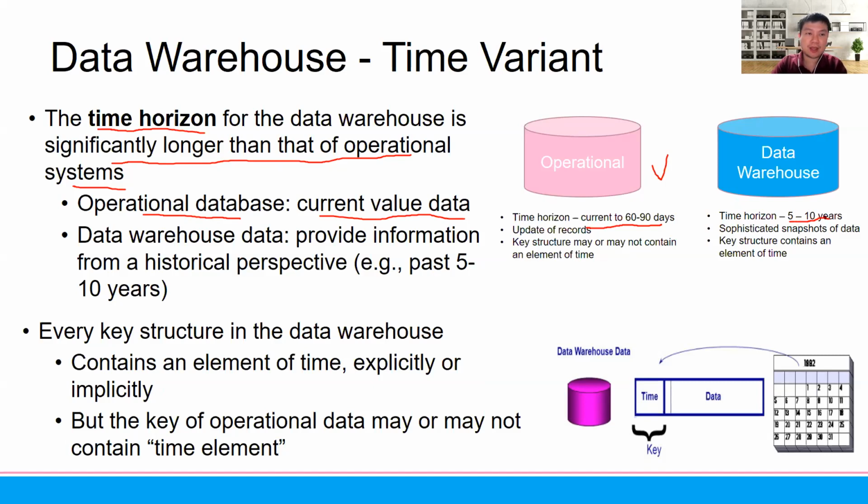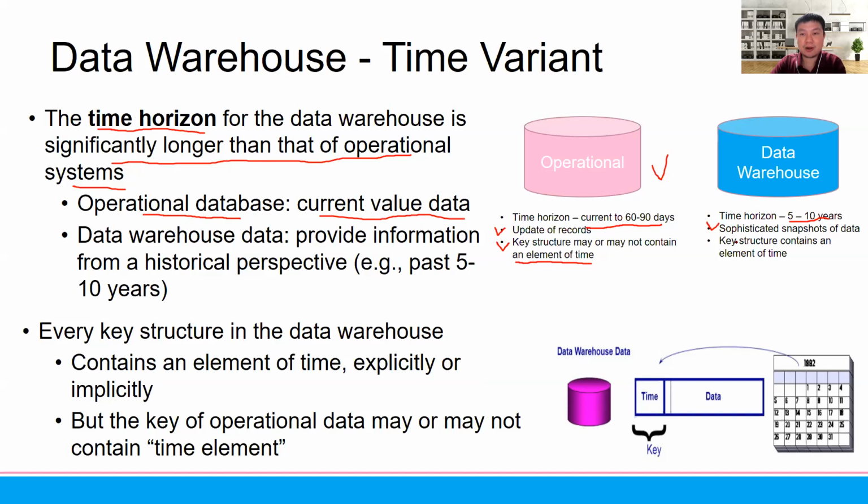And the operational database is usually for updating the records. But the data warehouse is for sophisticated snapshots of data. The operational database may or may not contain an element of time.